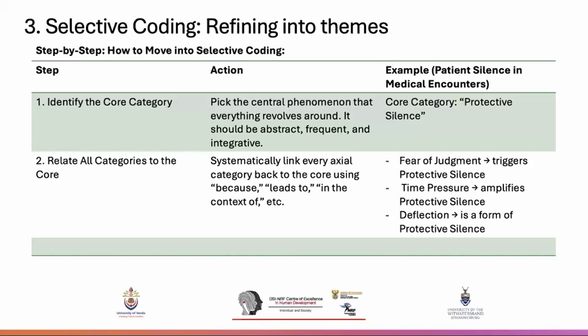And there's a step-by-step approach to doing this so that we can understand how exactly we refine all these codes into specific themes. And the first one would be to identify the selective category. And this is done by picking up the central phenomenon that everything revolves around.